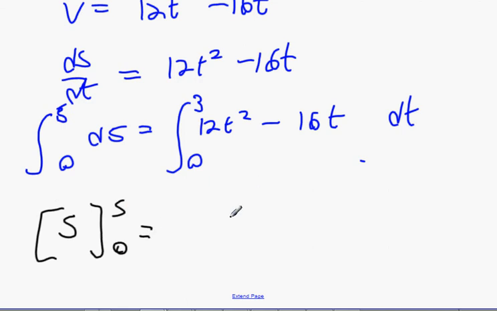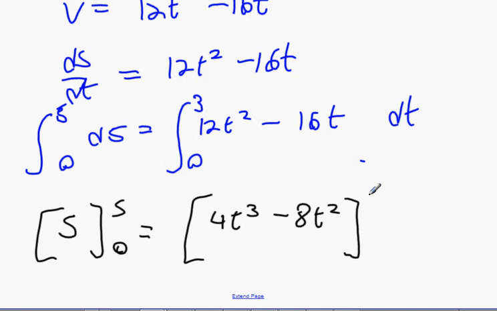We're now going to integrate both sides, and we're going to get s from s to 0. So when we integrate this, we get 4t cubed minus 8t squared, and this is from 3 to 0.